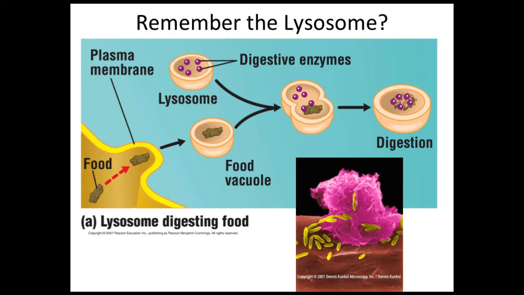Well, remember our friend the lysosome? These lysosomes in cells are those little sacs composed of membranes that have digestive enzymes inside. They can fuse with a waste product and digest that waste product.